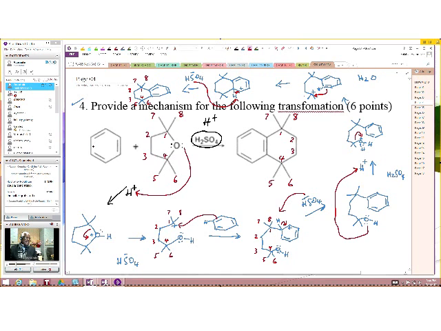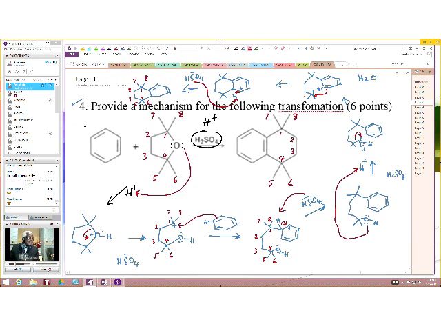Keep in mind, whenever you are doing reaction mechanism, you need to take your time, draw an arrow from where you have electrons to where you have a positive center. In other words, you have to show how the reaction takes place step by step. Anyway, this is the reaction mechanism for this product here.